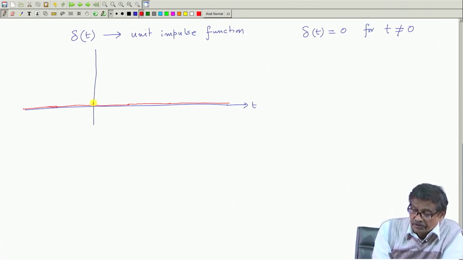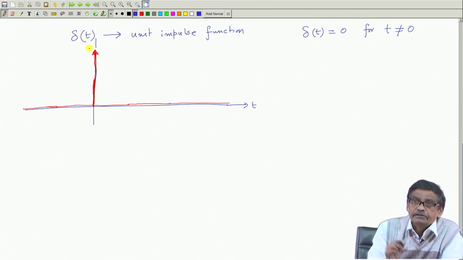The value of the function I will show by a line and an arrow, because we cannot show infinity in any scale. This arrow indicates that the amplitude of the function is infinitely large.